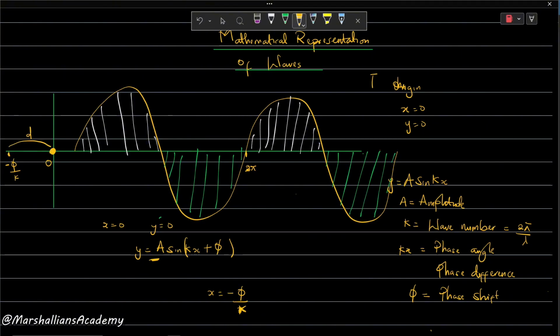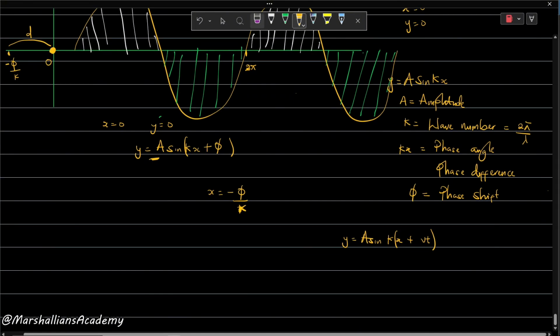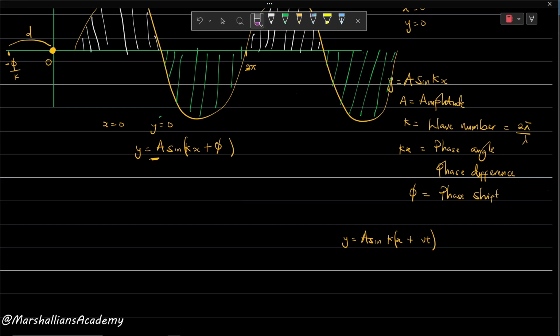For the wave to move from 0 to that particular point, it's going to be moving a particular distance. Did you understand it? Because the wave is moving a particular distance, the x changes from 0 to y equals A sine k, the x goes from whatever it is minus this particular distance moved. Does that make sense? All right.